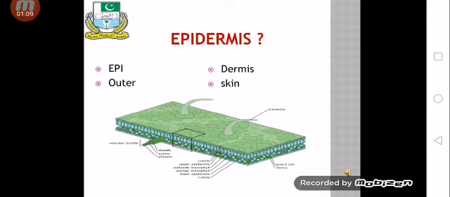All are covered by a special type of tissue known as epidermal tissue. Here you can see this diagram also. This is a cross section of a leaf. Here you can see that many tissues are present, but the outermost layer, the upper layer, is made up of epidermal tissues.